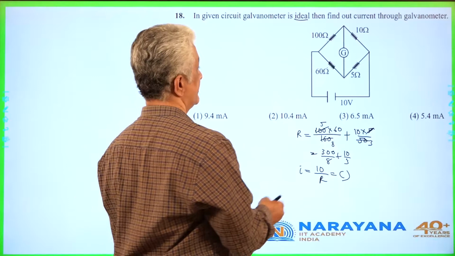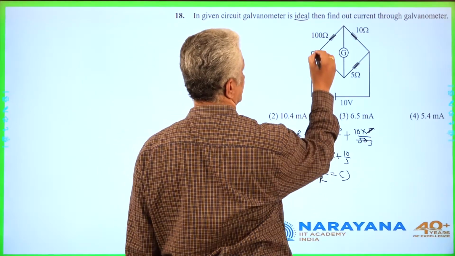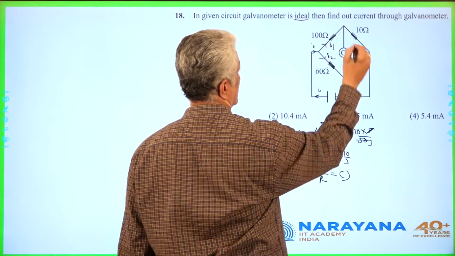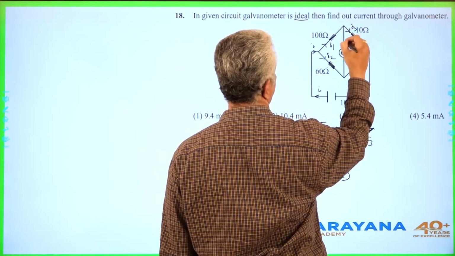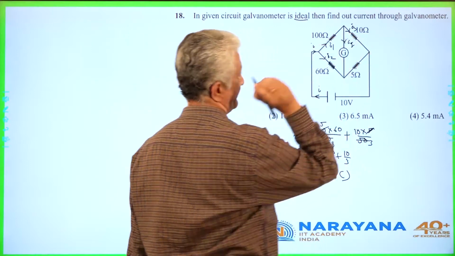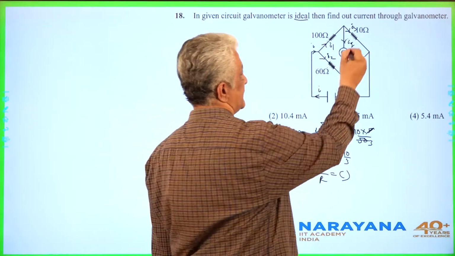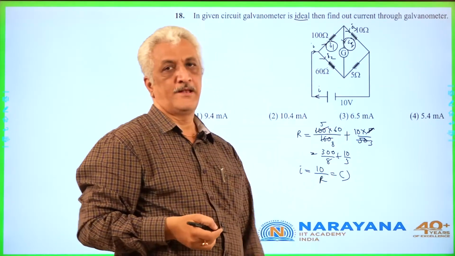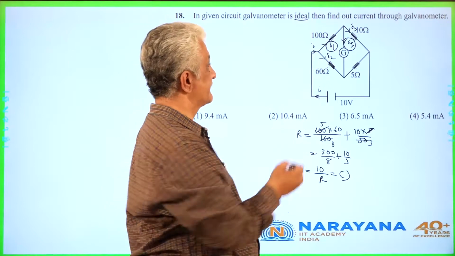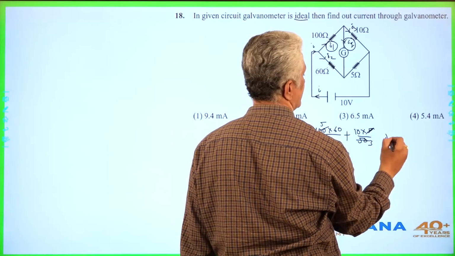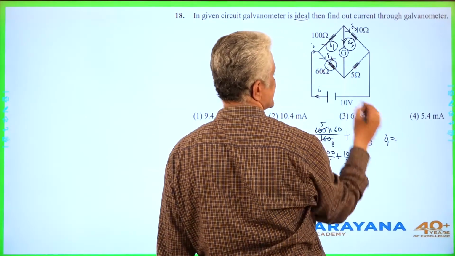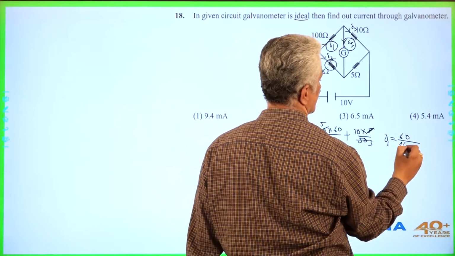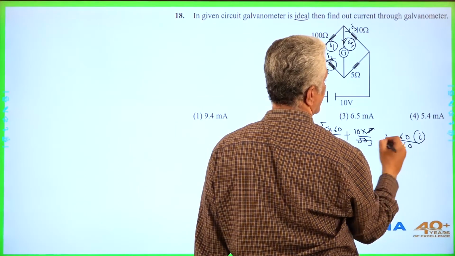Then after that, when current comes here, this current is divided as I1, I2. At this point, I3 and Ig will come. Means to calculate the Ig value, first we have to calculate the I1 value. As these two are parallel, I1 will be nothing but the resistance of this part, which is 60, by the combination 160 of total I, that is I1.